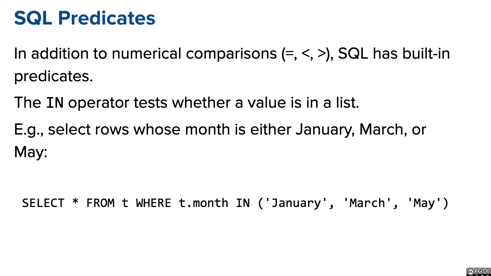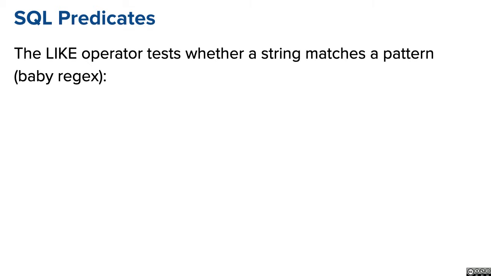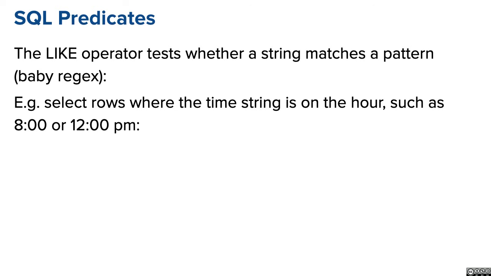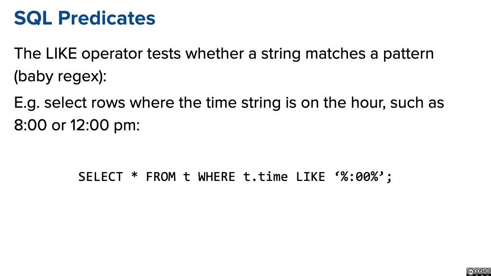January, March, or May. There is also the LIKE operator, which tests whether the string matches a pattern. It's not a regex, but it behaves kind of like a regex. So in SQL, what we'll do is the wildcard character is the % sign. So in this case, what we're looking for is all the times essentially where the minute is 0, right?